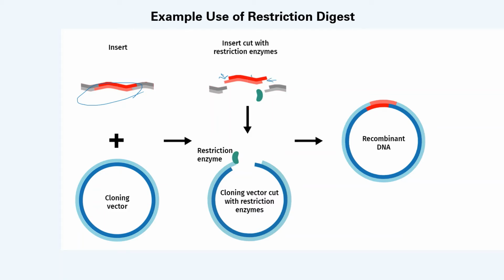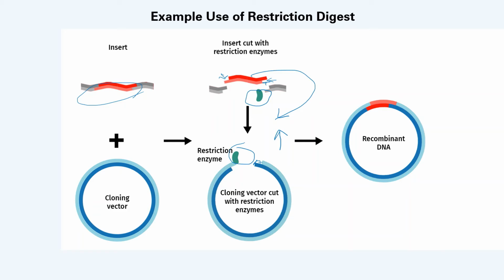Now, when you mix these two together, these sticky ends will do the job for you. They are complementary because they are cut using the same restriction enzyme. So they complement each other. For example, if there is A here, you're going to have T here, so that they complement each other. And then when you mix that, you're going to see this binding.